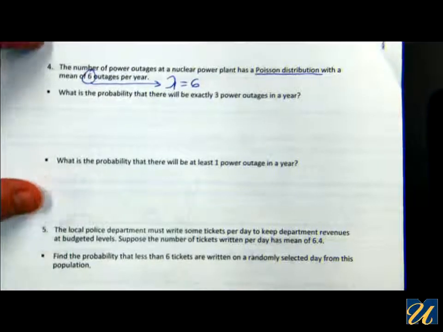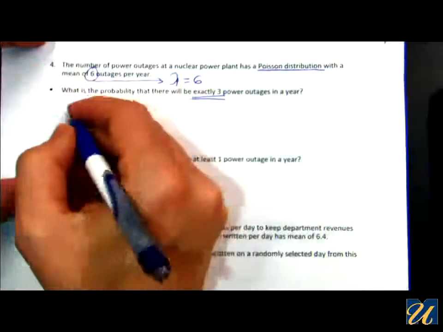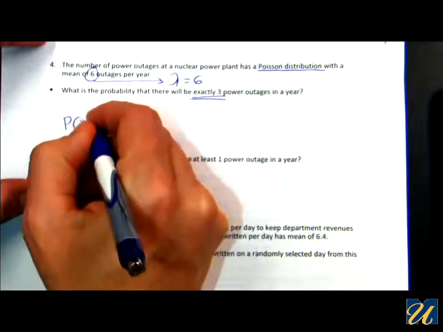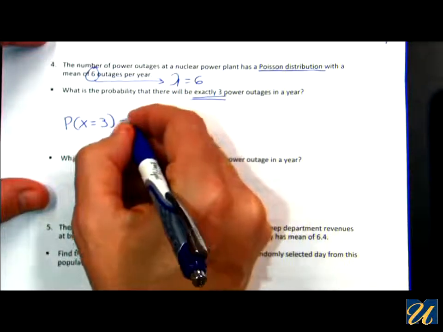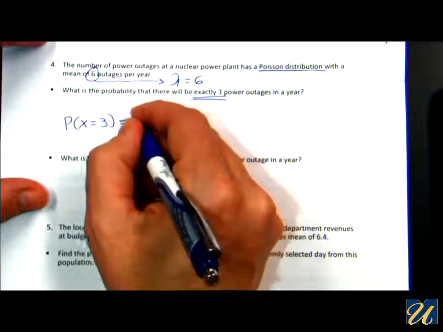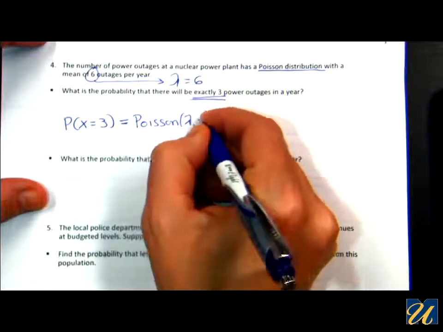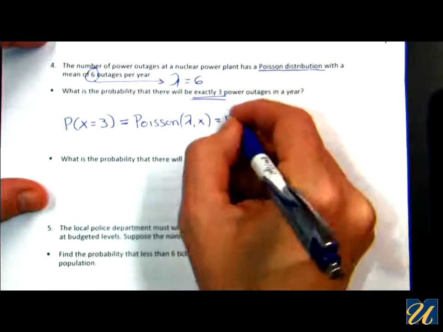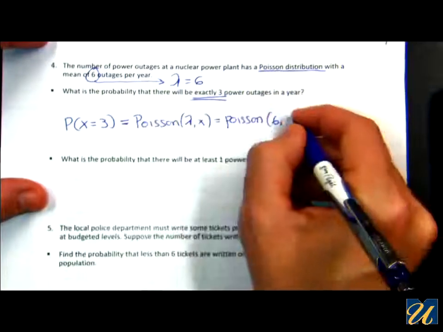What is the probability that there will be exactly 3 power outages in a year? So you're looking for the probability of x equal to 3. Since you have a Poisson probability distribution, this is going to be equal to Poisson(lambda, x). That means Poisson(6, 3).